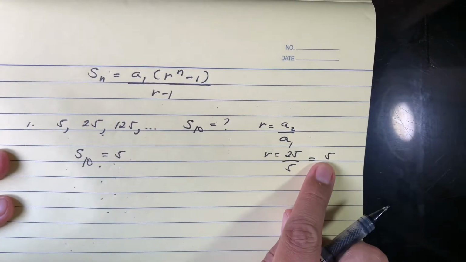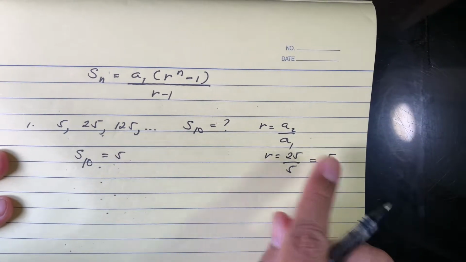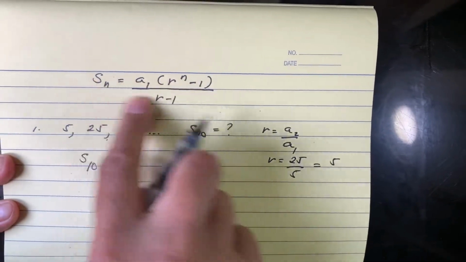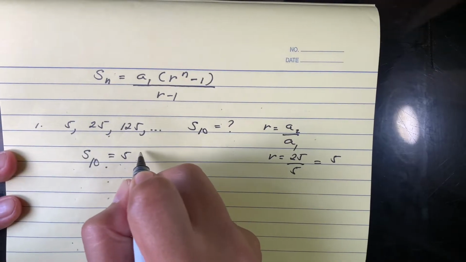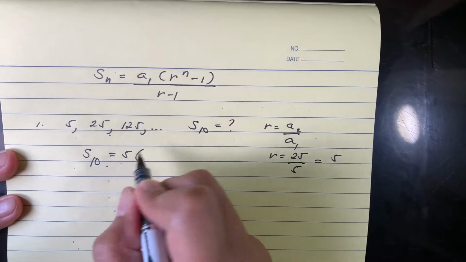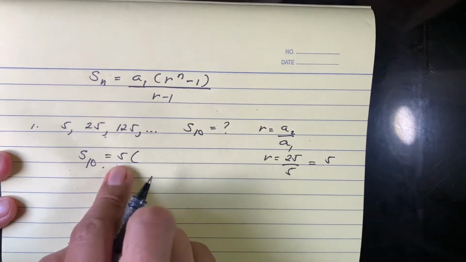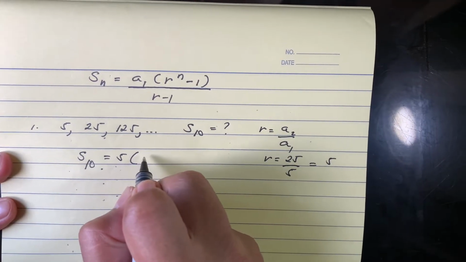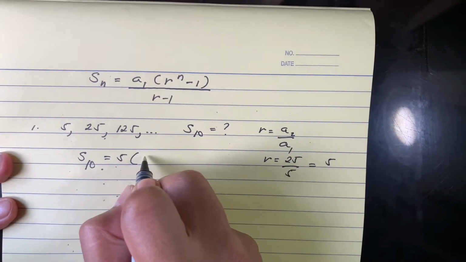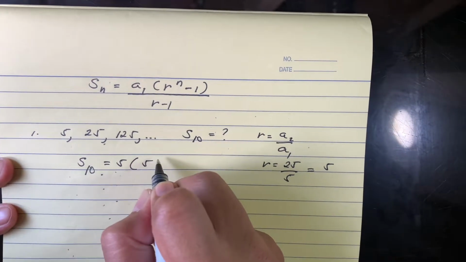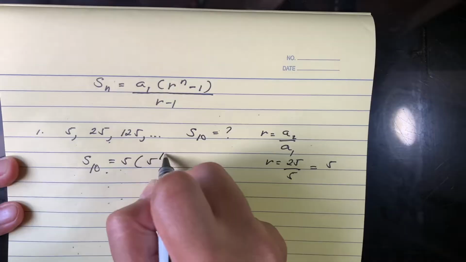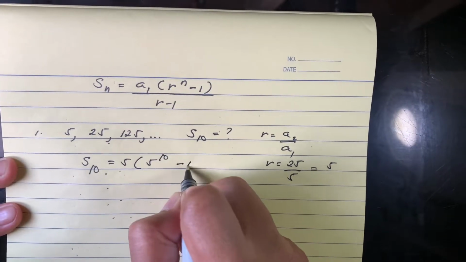So simply substituting the value of r in our formula, this would become now 5 as our first term, a sub 1, then r is 5, raised to 10 minus 1.